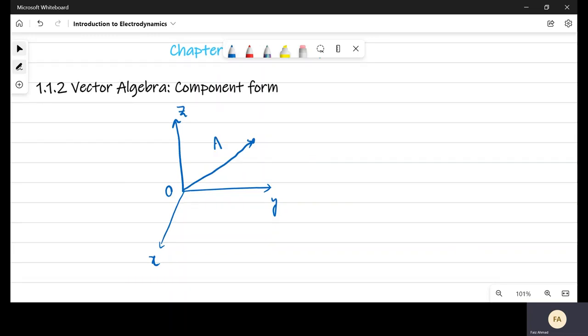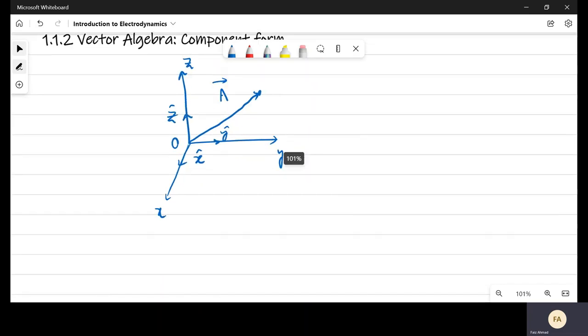We can express this point or this vector in terms of 3 unit vectors x, y, z.